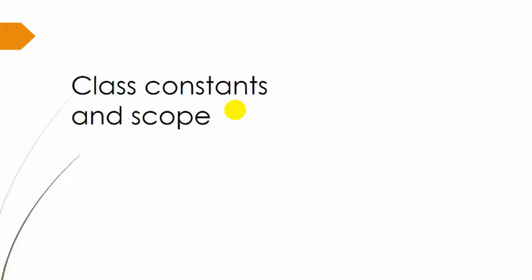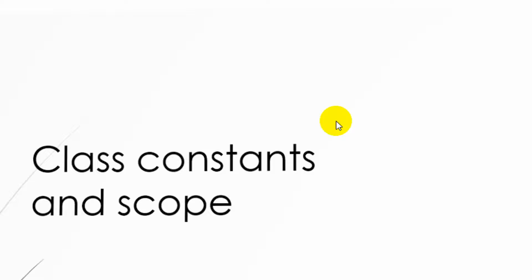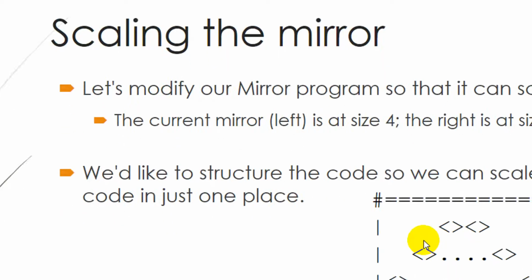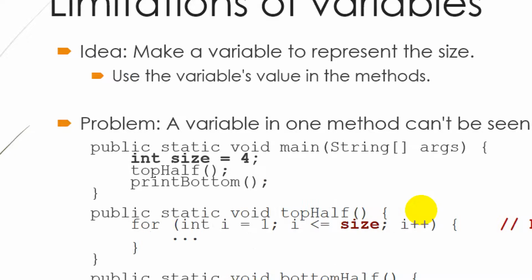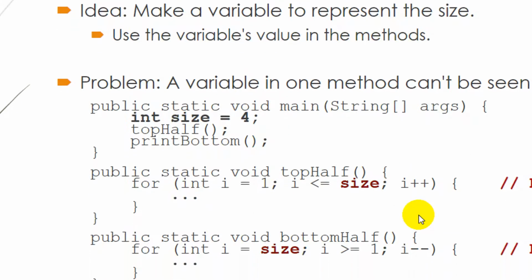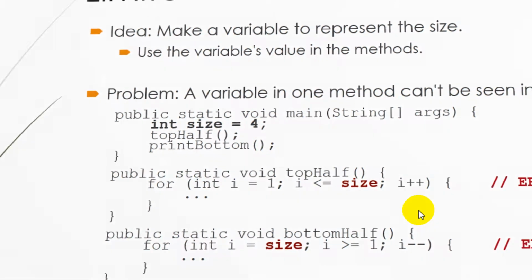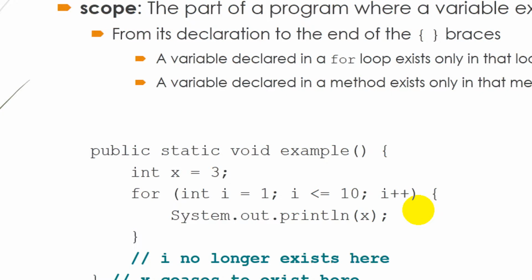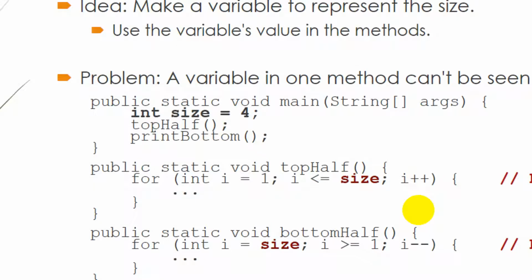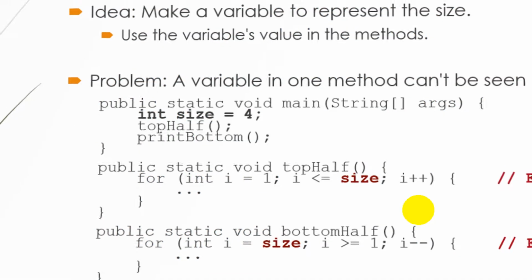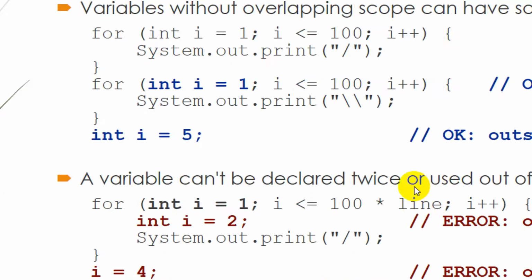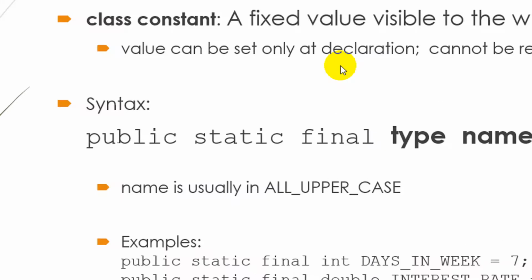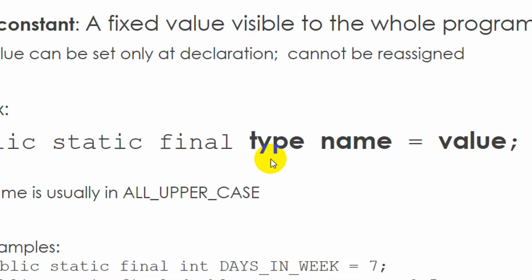So my point is, how do you define something as a constant in Java? So let's just go over that now. First, let's understand the scope of variables, and then let's first go over the final keyword. Let me show, there you go, class constant.